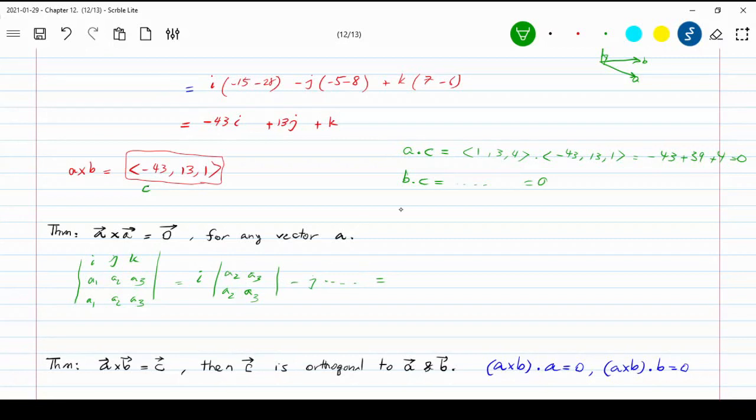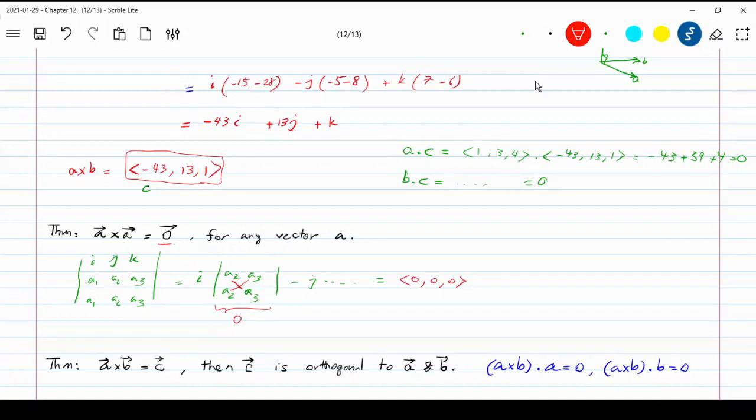But look at this submatrix. You would have A2 A3 minus A3 A2. That is simply 0. This determinant would be 0. 0 times i would be 0. Similarly, you would get 0 for j, 0 for k. So you will end up with the vector 0, 0, 0. It's not a 0 constant, it's a 0 vector.